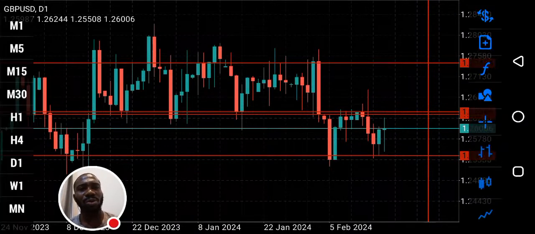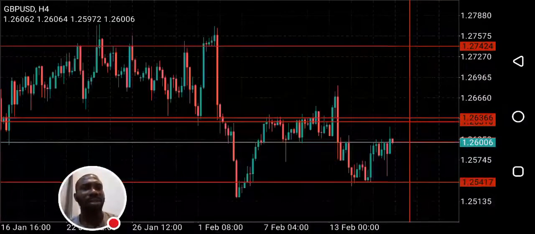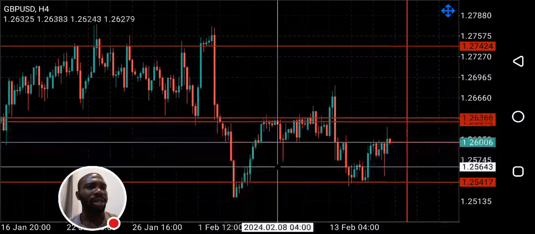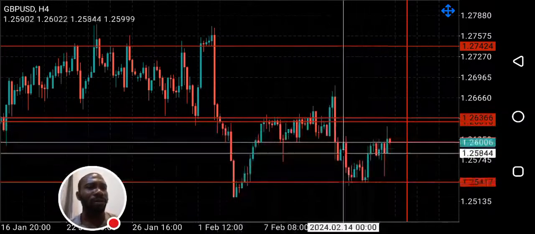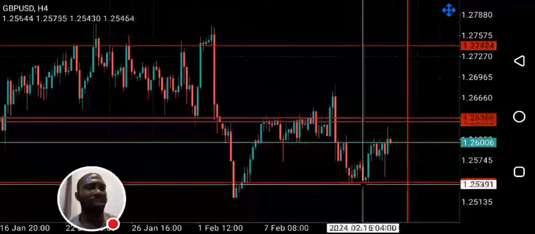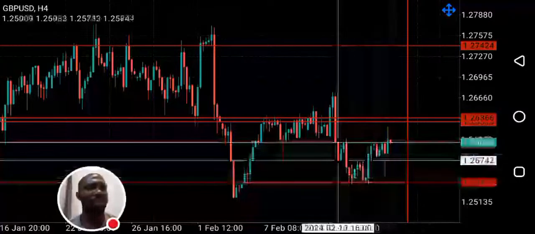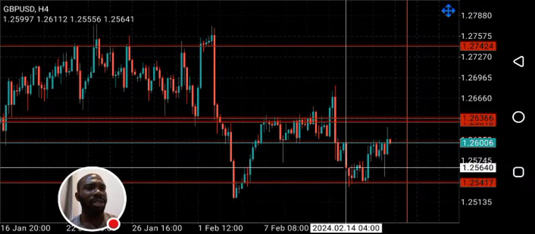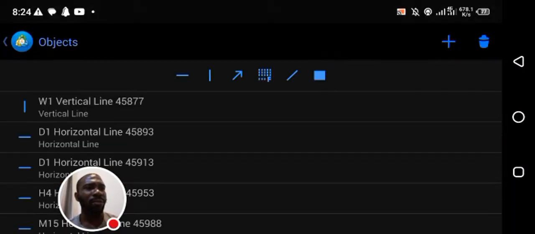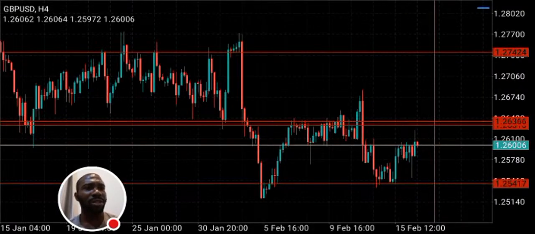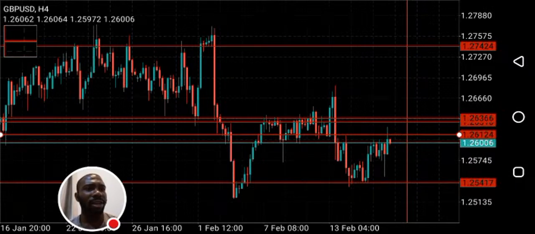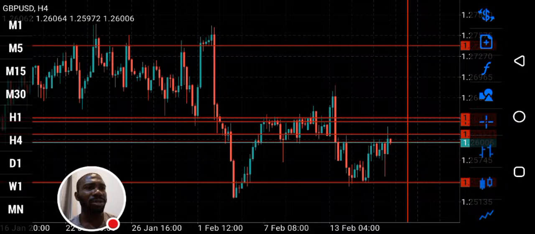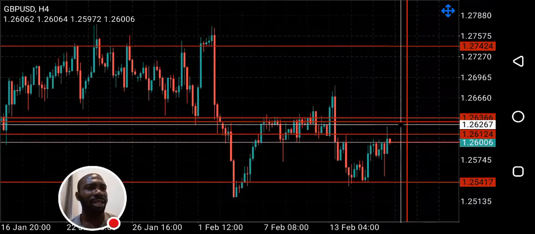Let's just see what we have on the 4-hour. You can see, before the formation of these several bullish reversal patterns, we had a bearish candlestick that formed, and when price got to the high of that candle, there was a strong rejection from that high.